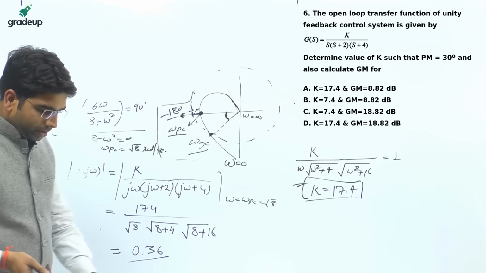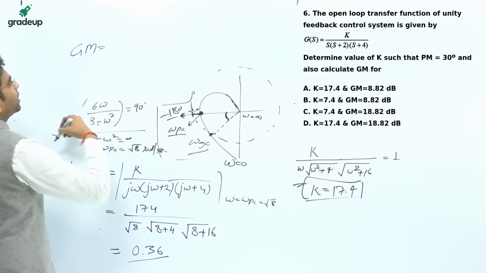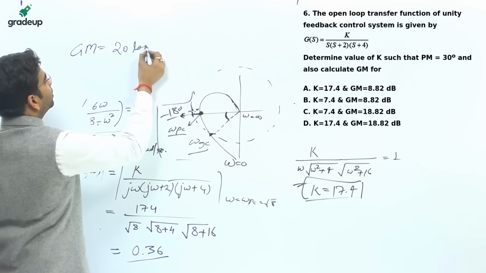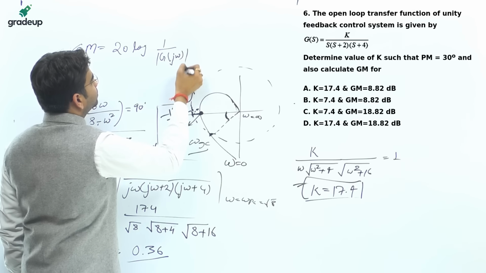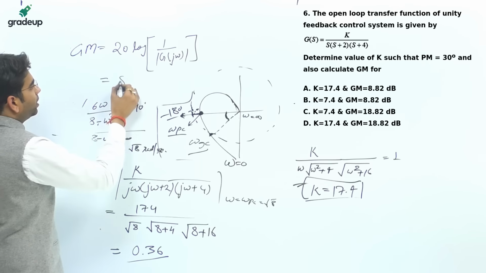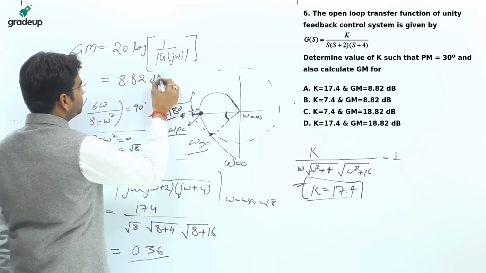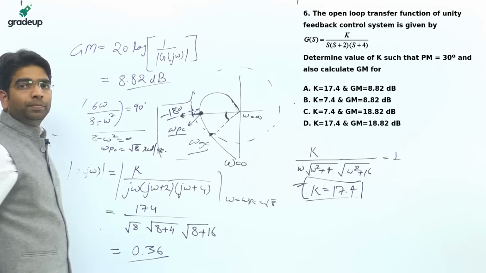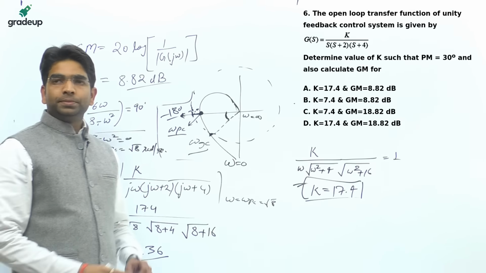A is the correct answer. So for gain margin, 20 log 1 by mod of G(j omega). So the answer will be 8.2 dB, 8.82 dB. Okay. Good, correct attempts.